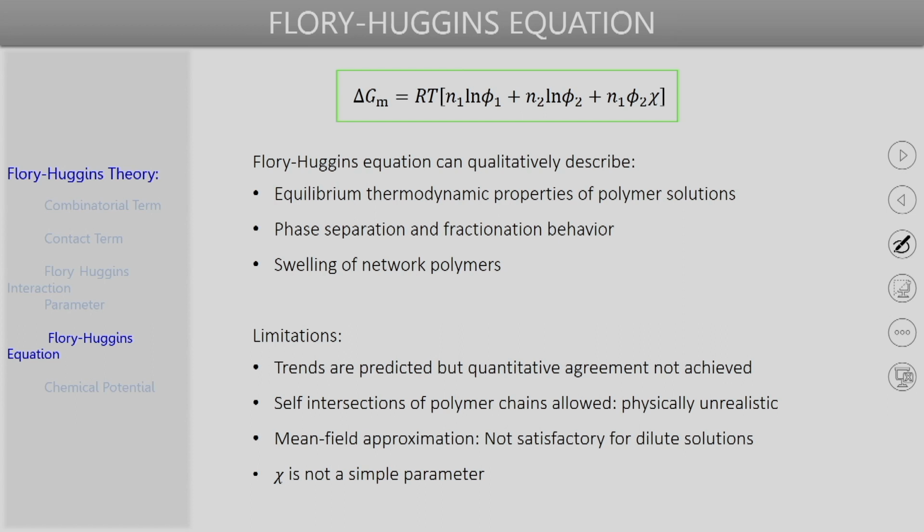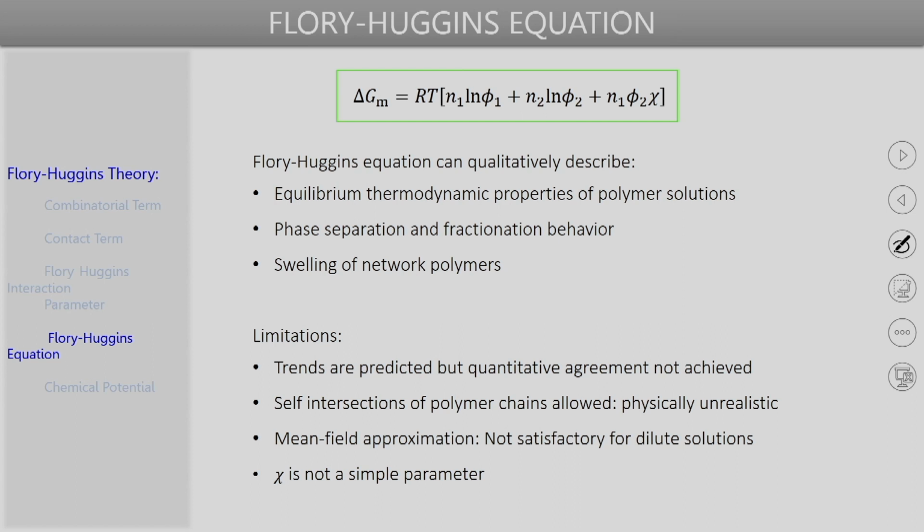So, these are some of the limitations of Flory-Huggins theory, but that does not mean that this theory is not very useful. In fact, at the point of time when this theory was developed, this was a landmark development in the field of polymer solution thermodynamics. And even now the theory gives a very good qualitative description of various trends related to the behavior of polymer solutions.